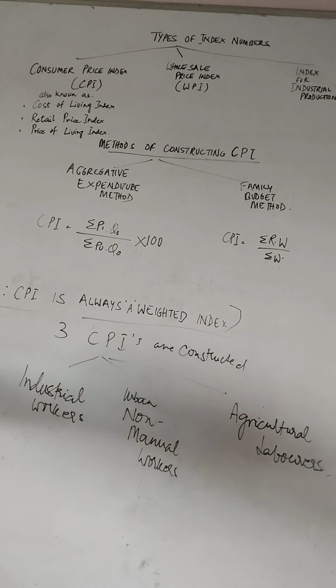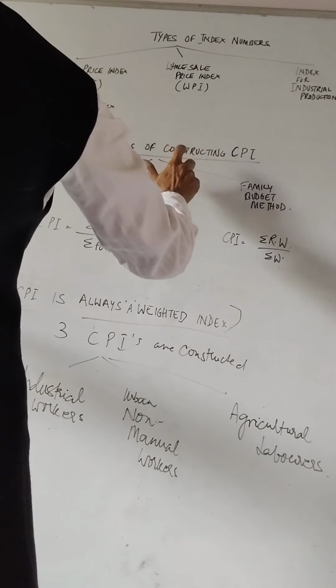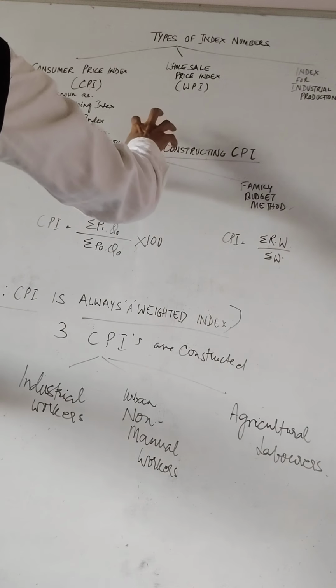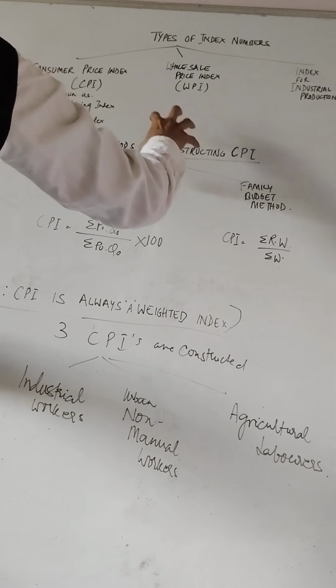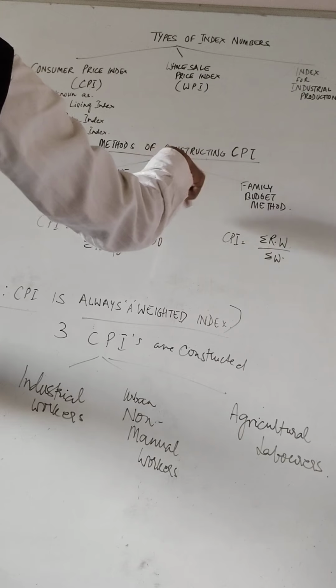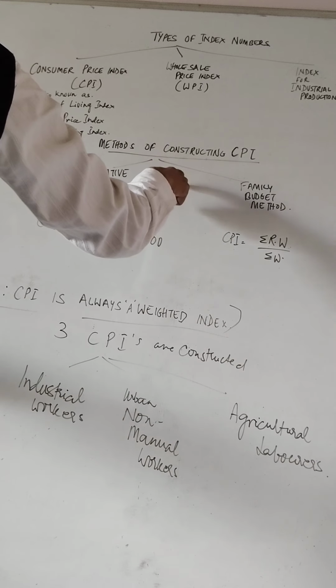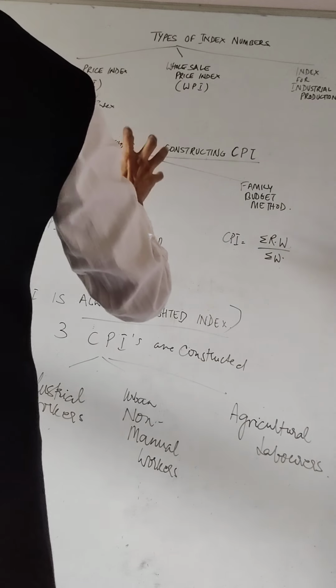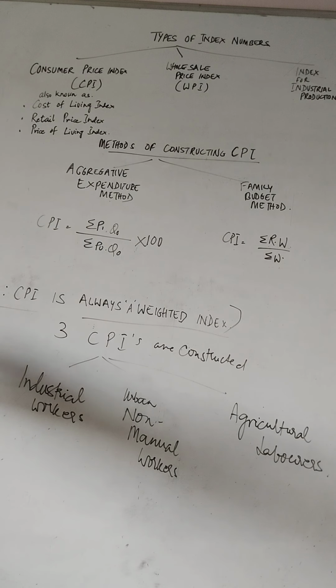Okay, one more thing, which is important now. What are the steps involved in the construction of the price index number? We first have to decide the class of people for whom the index is meant, whether it relates to industrial workers, teachers, officers, whatever.